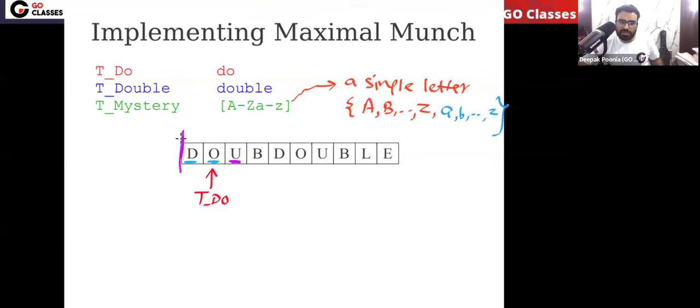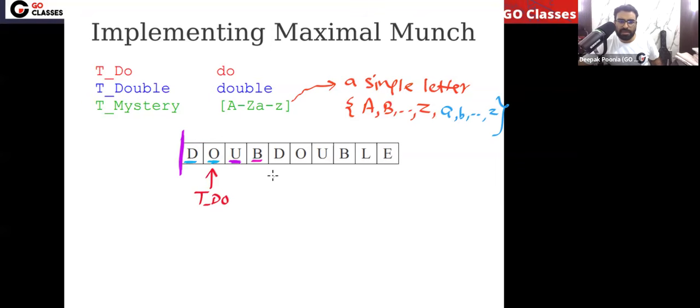So is this DOU matching? Now remember, this is not matching the other regular expressions. So right now only the DOUBLE token is in the race, but so far there is no match. Yes or no? It is in the race, but there is no match.